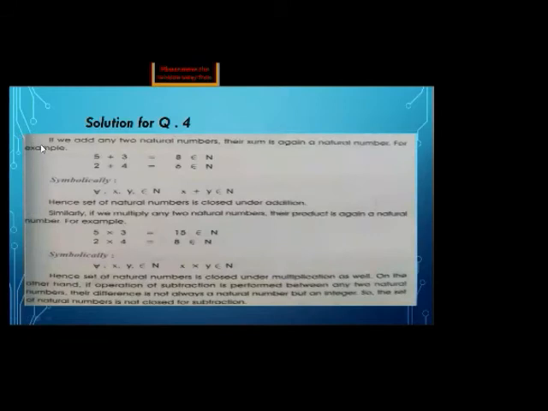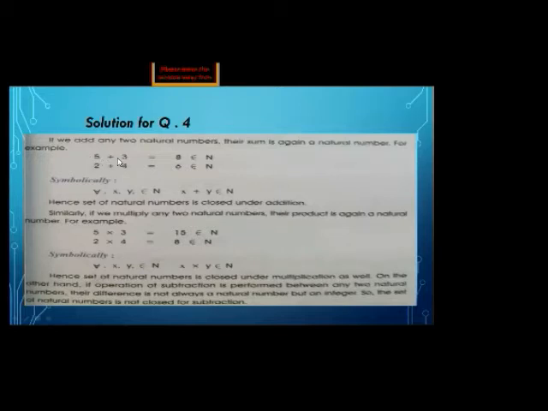So now we are going to solve question number 4. So this is the solution for question number 4. If we add any two rational numbers, their sum is again a rational number. For example, 5 plus 3. 5 and 3 are natural numbers.